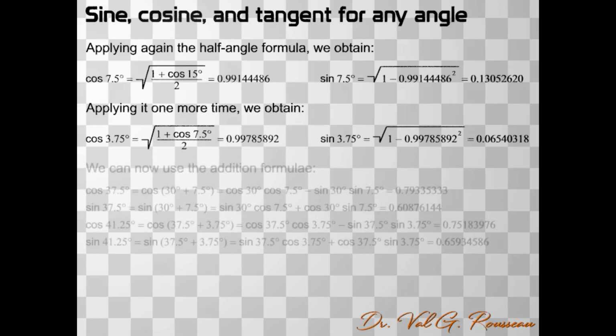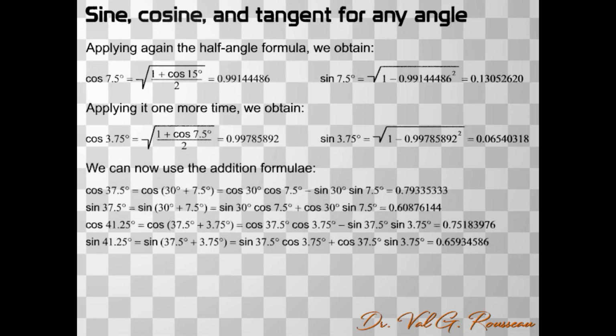Now we can calculate the cosine and sine of 37.5 degrees by plugging the values for 30 degrees and 7.5 degrees into the addition formulas. And then we can iterate and plug the values for 37.5 degrees and 3.75 degrees into the addition formulas to obtain the results for 41.25 degrees.